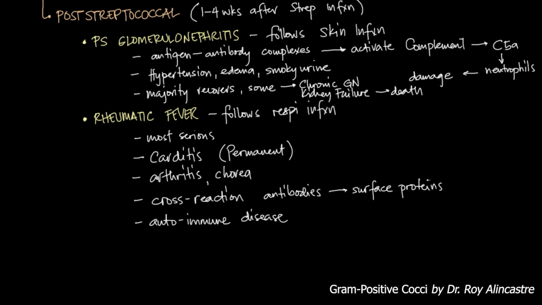Meaning it is an autoimmune disease. This is exacerbated by strep infections and usually prevented by treating the strep infection within 8 days of onset. Don't worry, you will have a separate module on these diseases. Okay?